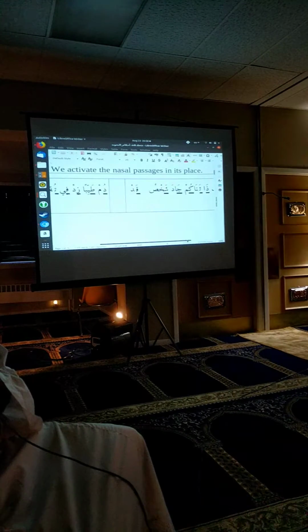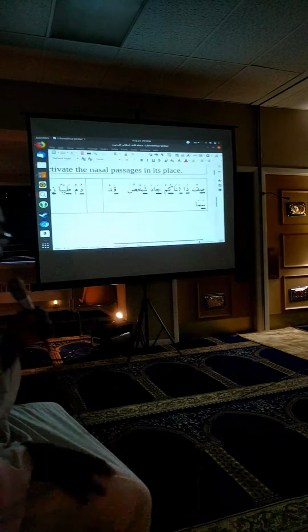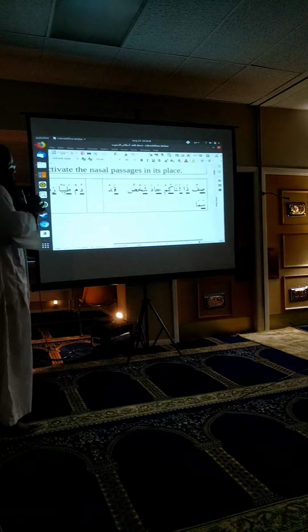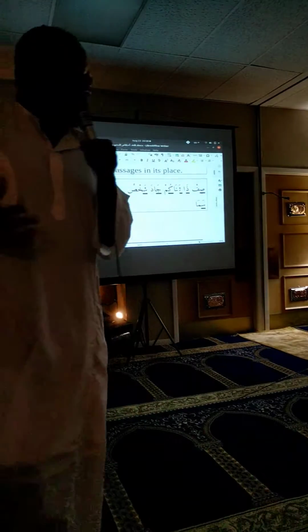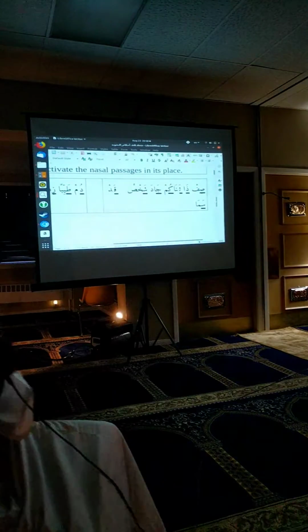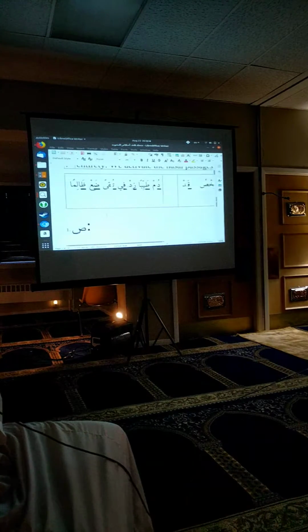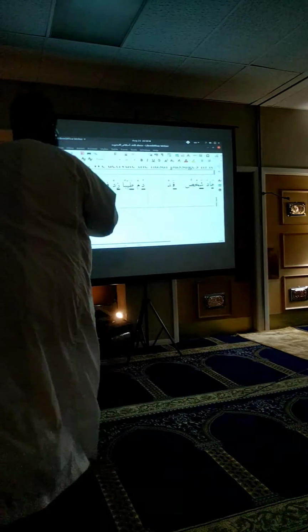So we have, here's the dal. Here's the ta. We gave examples with the ta, the zay, the fa, ta, dad, and dha. Those were some of the letters. And it's 15 letters, and we gave examples of, I think, 12.